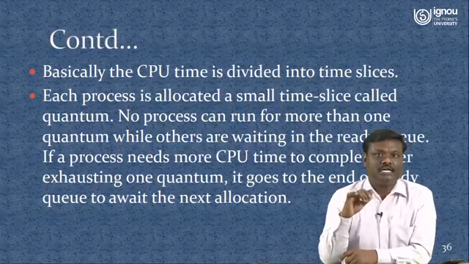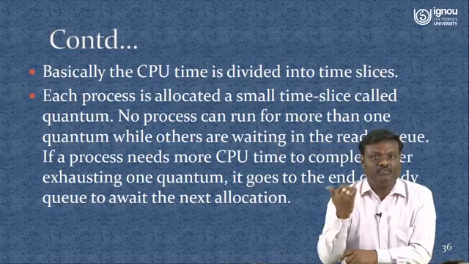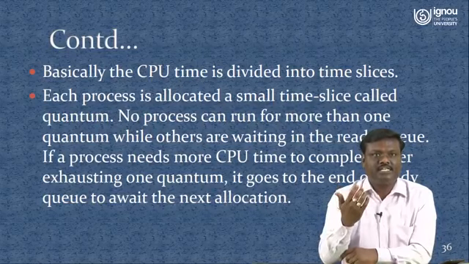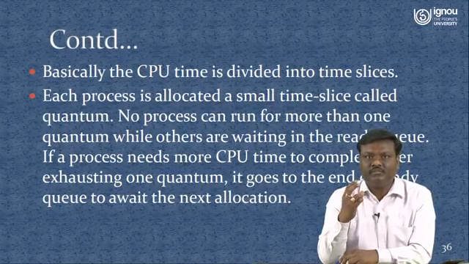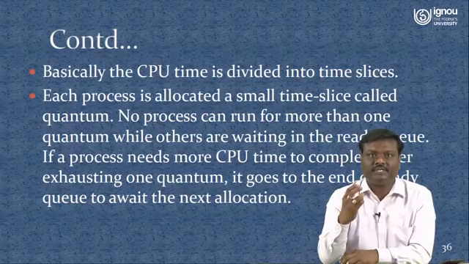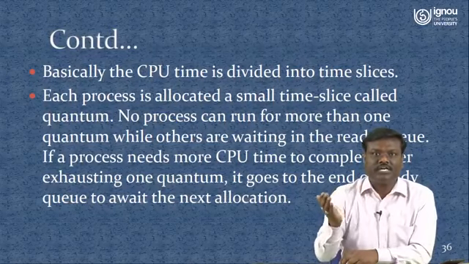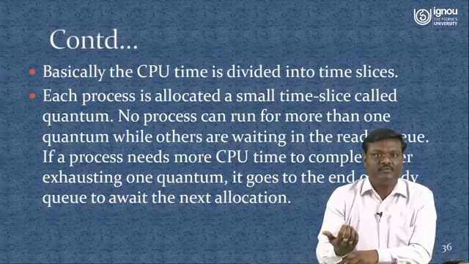However, the user will be looking at it in a different way. In the round robin fashion, each and every user will see the system as if the CPU is attached to him only, because the time quantum is so short that it will be continuously shifting from one person to the other.